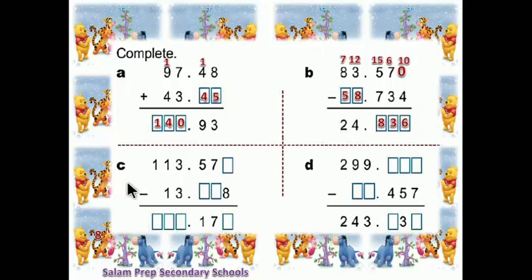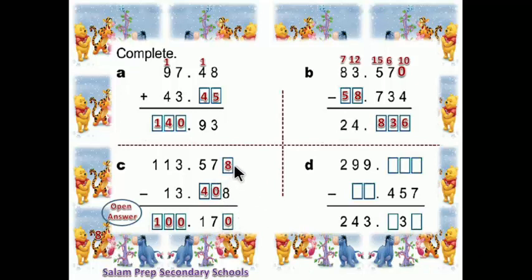The third problem. 113.57 missing digit, okay, minus 13 point missing digit 8. Please take care.